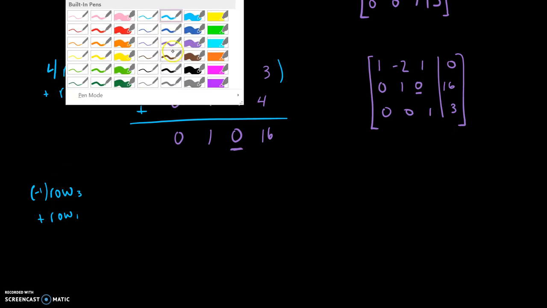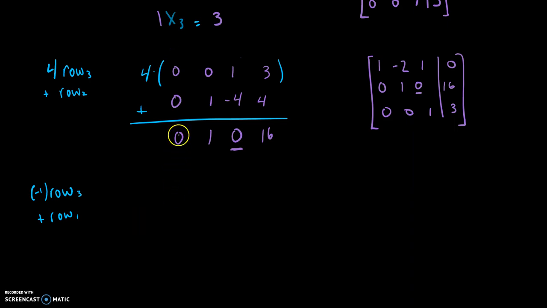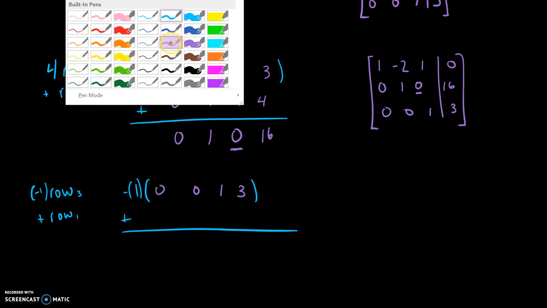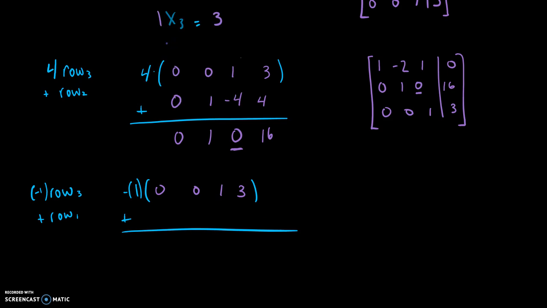What do we get? Well, let me go ahead and write out the 0, our 1, and our 3. And we're going to multiply that by -1. Alright. And we're going to add that to row 1.